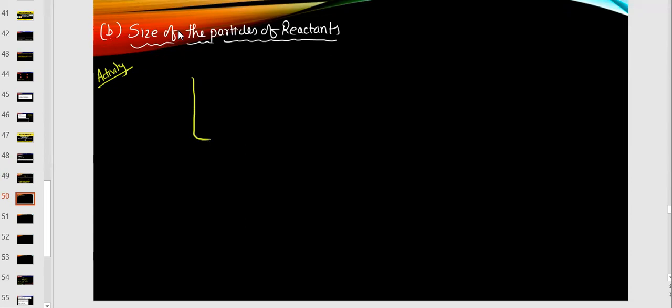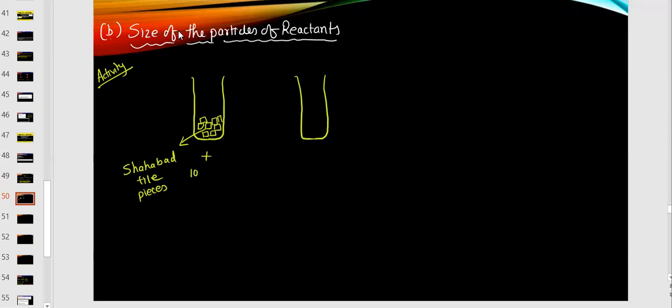So we have a test tube. This is one test tube and there is another test tube I'm going to take so that I can see the different reactions. Here I'm going to take some Shabad tile pieces in this, and then I'm going to add 10 ml of dilute HCl.